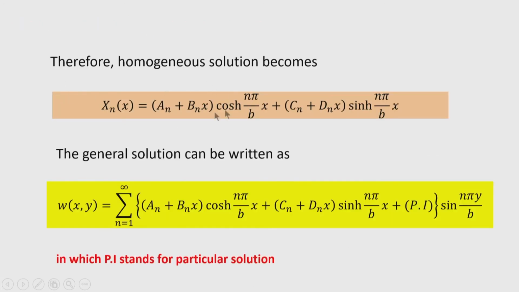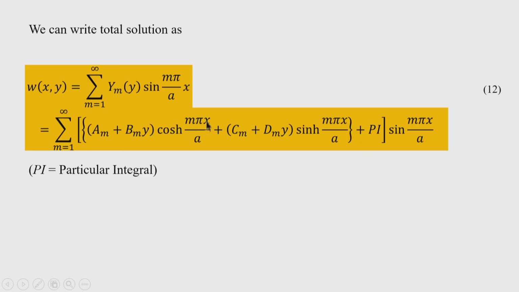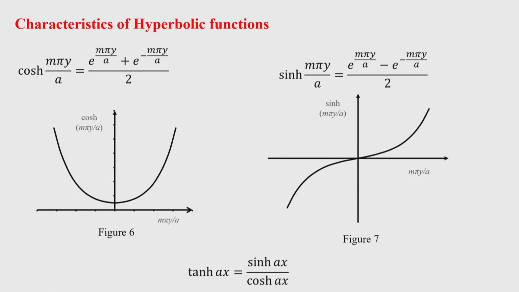If I plot this graph of m pi y by a, you can see that cosh is a symmetric function, symmetrical with respect to the axes. But if we plot sinh(m pi y / a), we will see that it is an antisymmetric function. So, that is the difference: cosh is symmetric and sinh is antisymmetric.